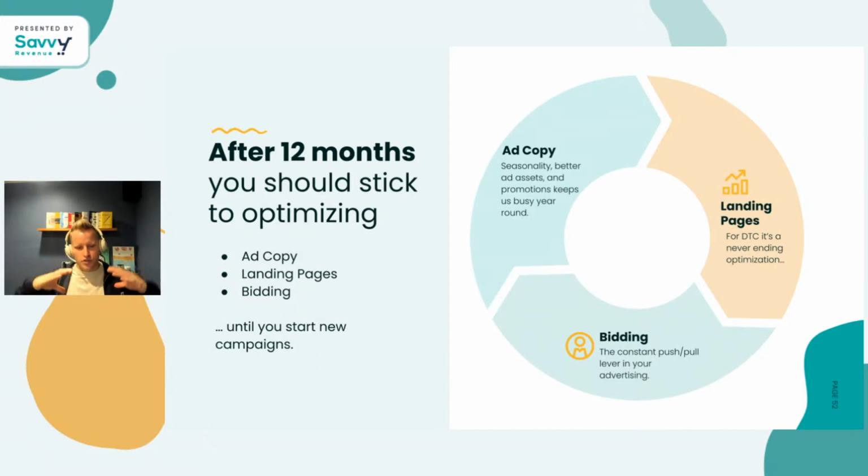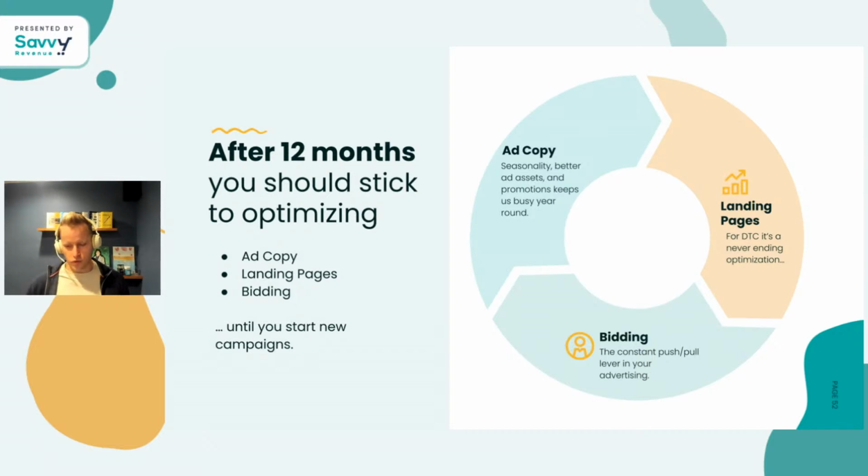By lowering the ROAS target, you give it some room to go out and try to bid for these again and see, hey, are they performing now? Yes, no. If they are, then you get more revenue. So that constant push-pull, that constant seasonality bid adjustment, whenever you have promotions, whenever you need to push a little bit harder, whenever you need to hold back a little bit, and you know it's coming, but smart bidding doesn't know yet.